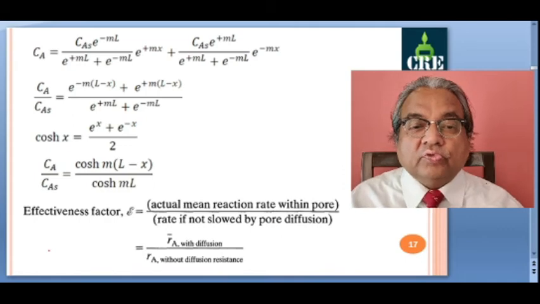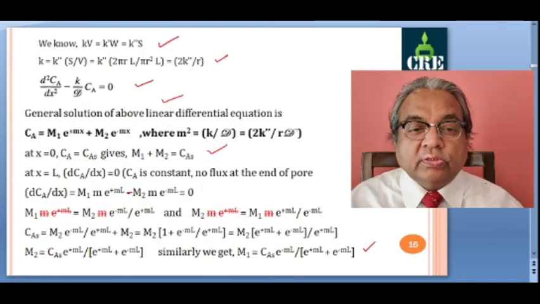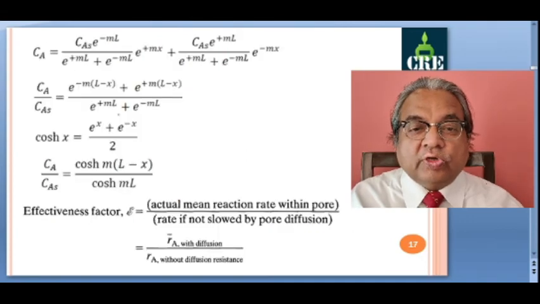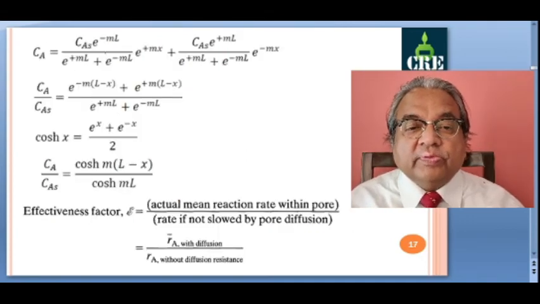Now I will substitute this in the solution. What is solution? Ca is equal to m1 into e raised to plus mx plus m2 into e raised to minus mx. So Ca is equal to m1, this value.